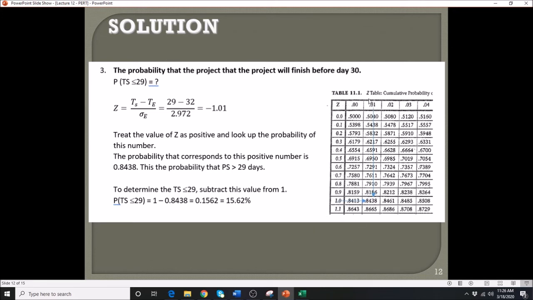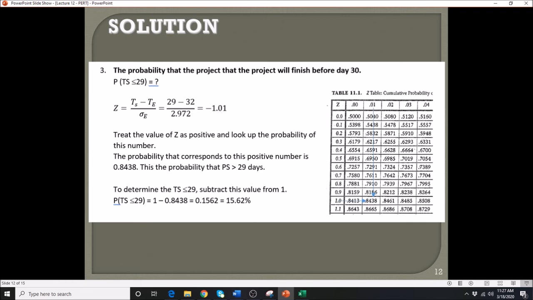Draw a horizontal line, draw a vertical line, they will intersect at 0.8438. This value here corresponds to the probability of a positive 1.01.